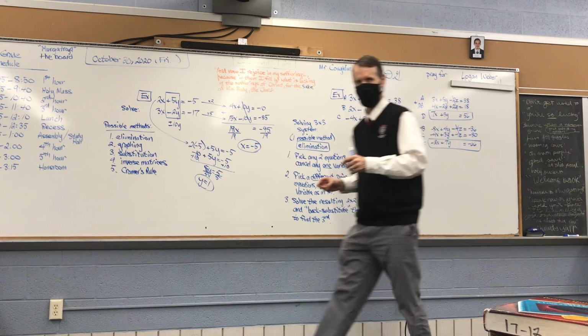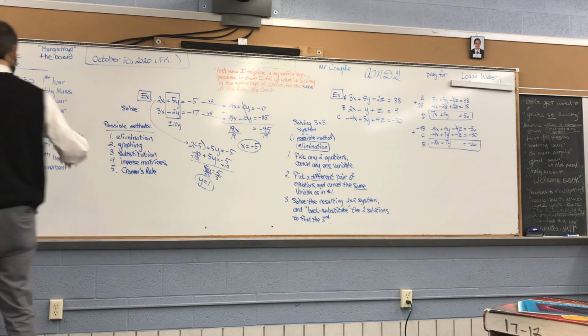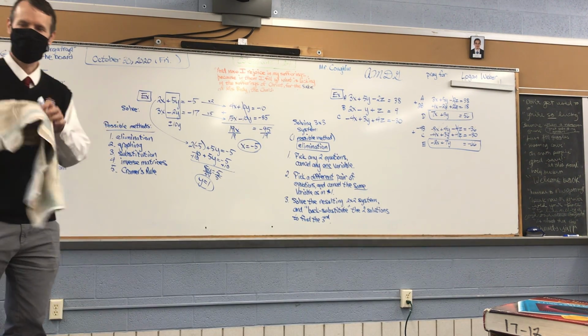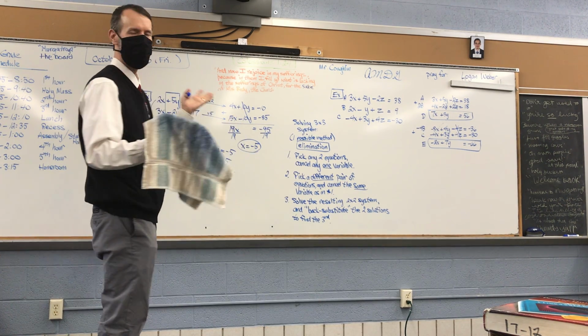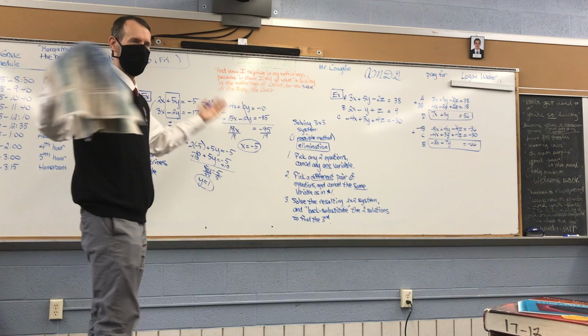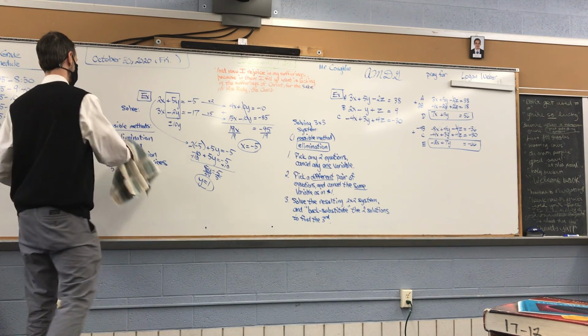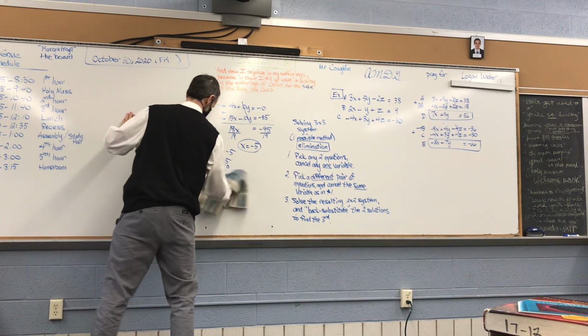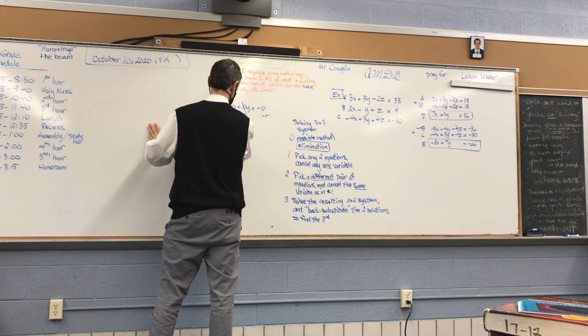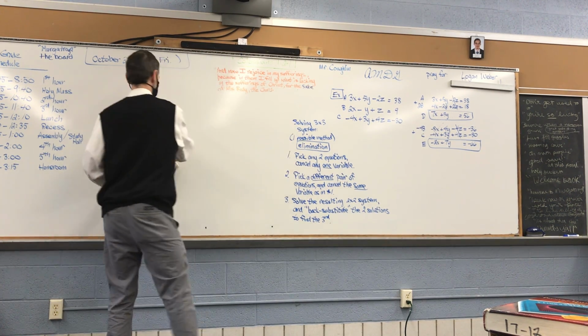Are you still with me? Again, you could have picked different rows, you could have picked a different letter to cancel. And some people would say, okay, which one is the fastest? God only knows. This is really, are we going to end up with nice numbers or not nice numbers? It's really, really hard to tell. You usually can't find out until you actually hit them.